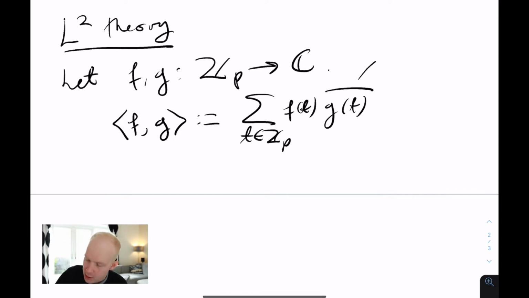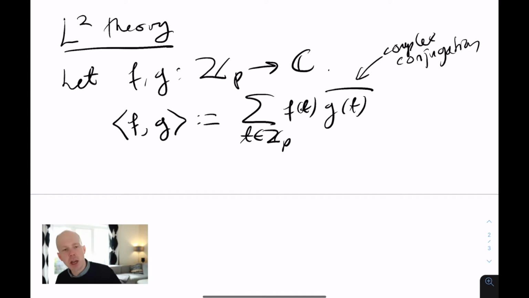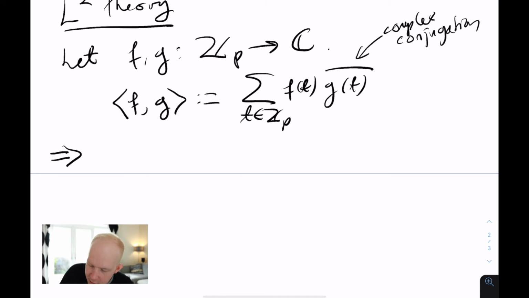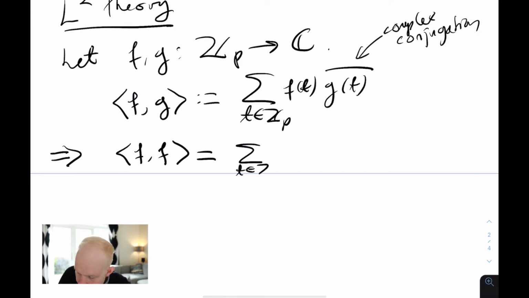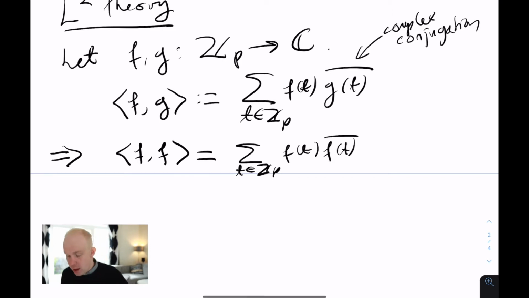So remember, this is the complex conjugation. The reason we take the complex conjugation is that this implies that if you take the same function f and f, and you compute the sum over t in Z_p of f(t) and the conjugate of f(t), the nice thing about the conjugation is that if you take the product of this complex number with its complex conjugate, then you just get the norm squared.